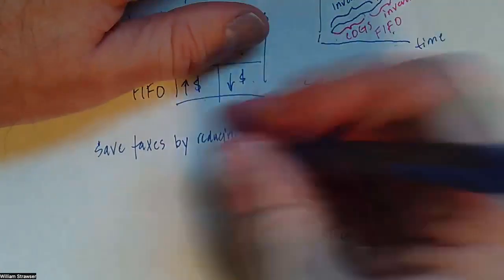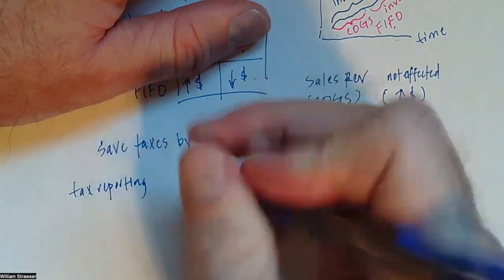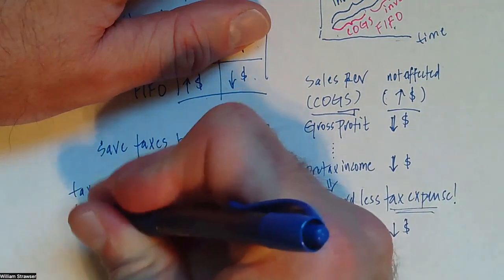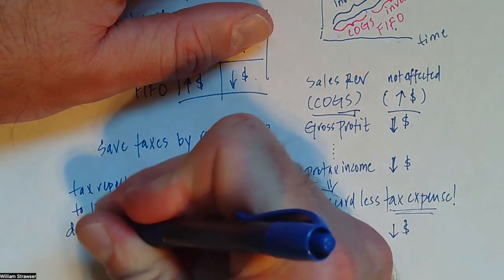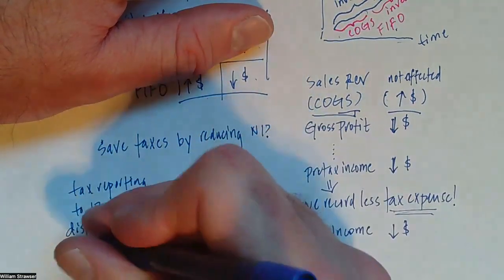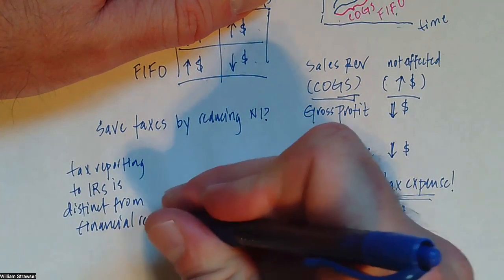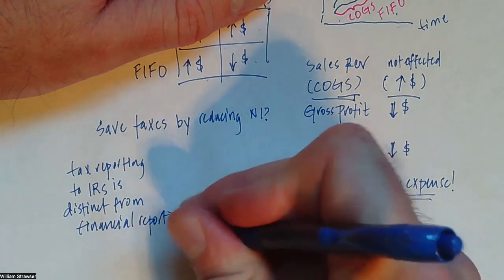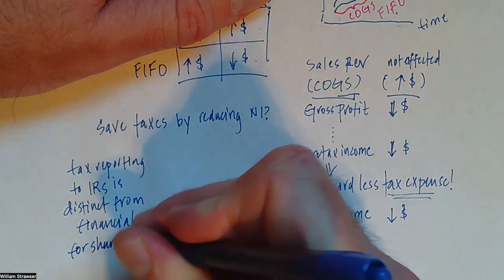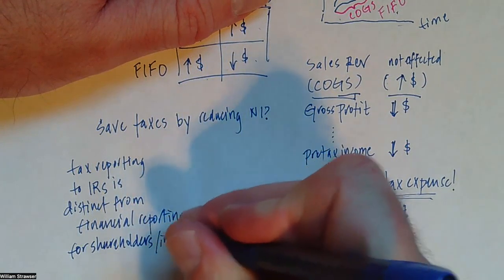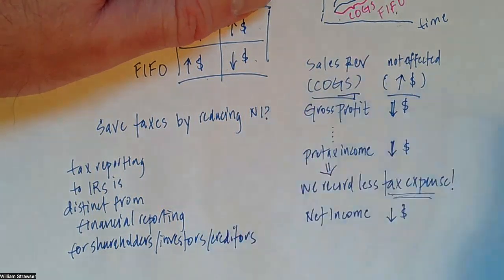First, tax reporting to the IRS is distinct from financial reporting, which are made for shareholders, capital market participants, all the parties that use financial statements, right?